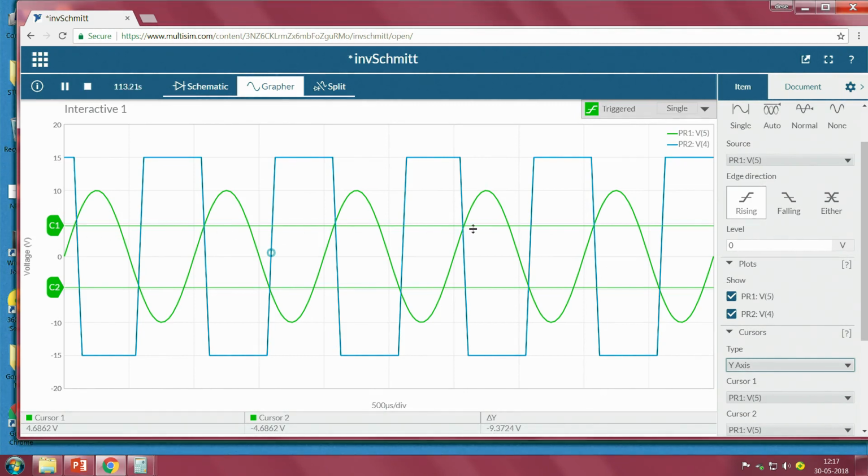We can clearly see that when the input voltage, this green color line, is greater than the C1 value, this higher threshold, the output goes to minus VCC. When the input is lower than C2, which is nothing but our lower threshold value, minus 4.68, the output goes to plus VCC.